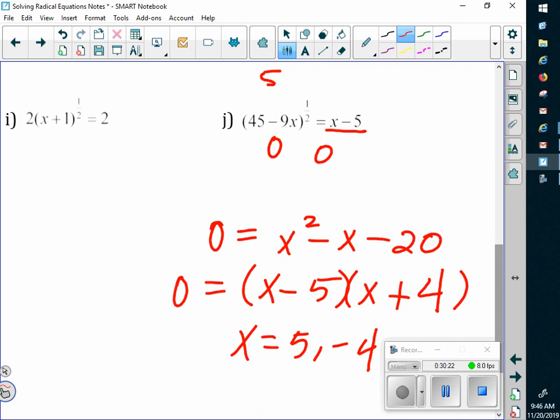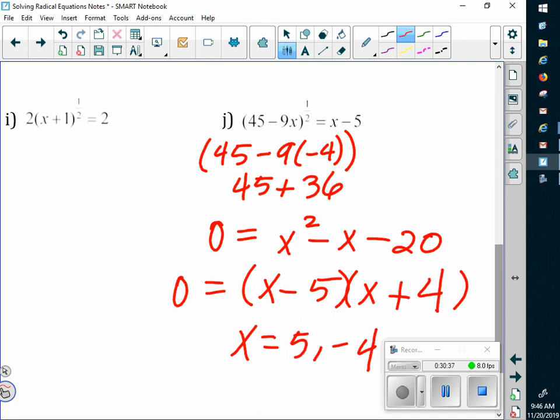How about negative 4? 45 minus 9 times negative 4, right? So that's 45 plus 36. 81. What's the square root of 81? 9.